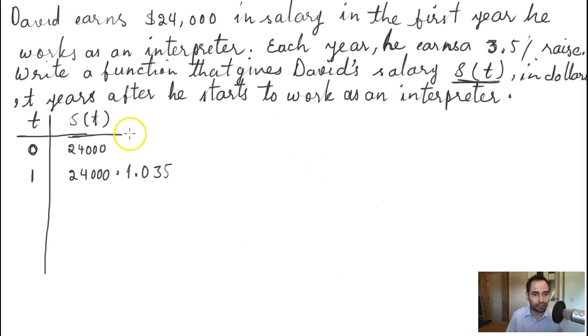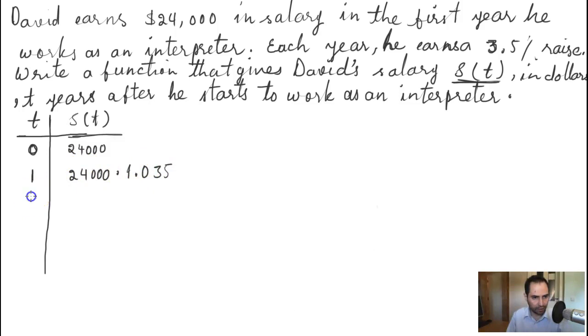So basically at the end of the first year, you have 24,000 times 1.035.